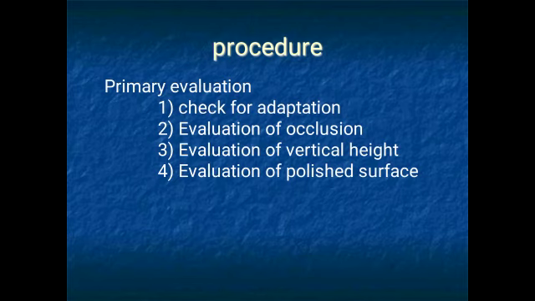Coming to the procedures, primary evaluation should be in check for adaptation, evaluation of occlusion, evaluation of vertical height, evaluation of polished surface. Check the adaptation of the denture base.